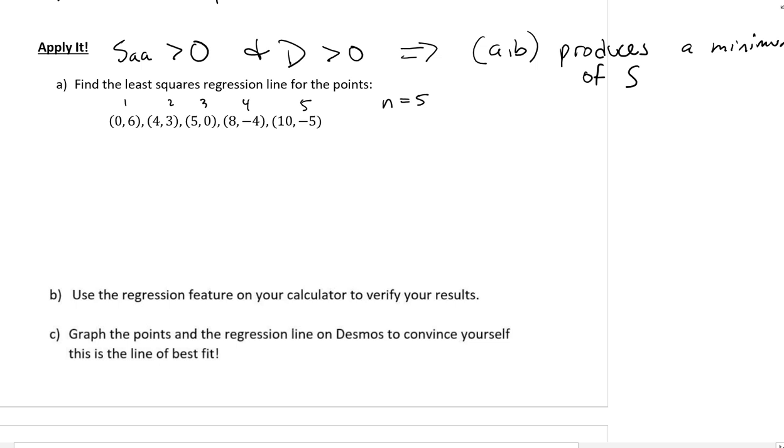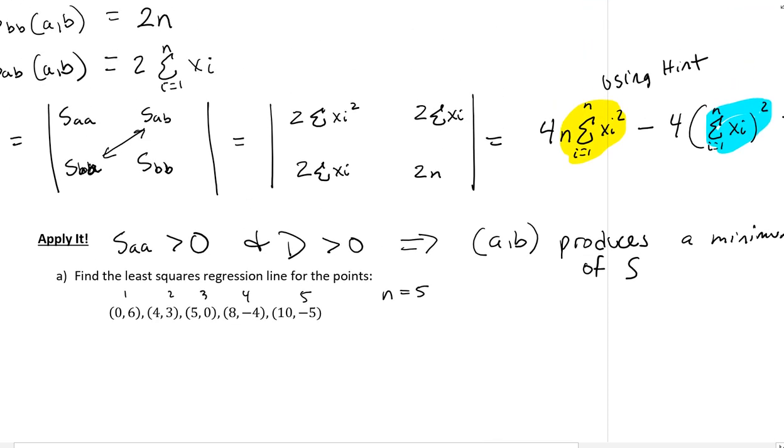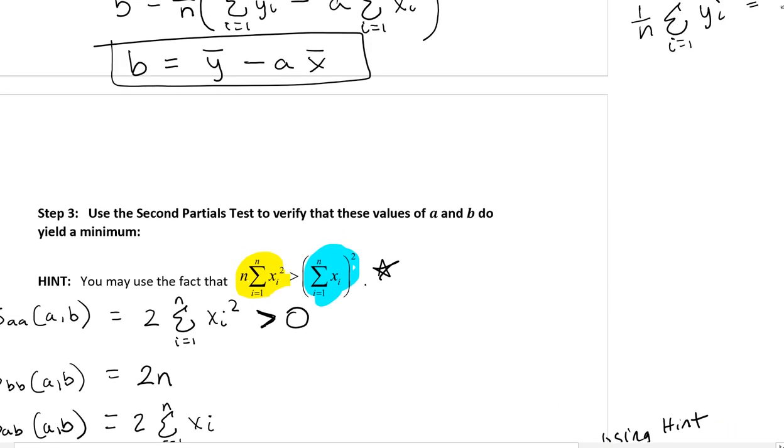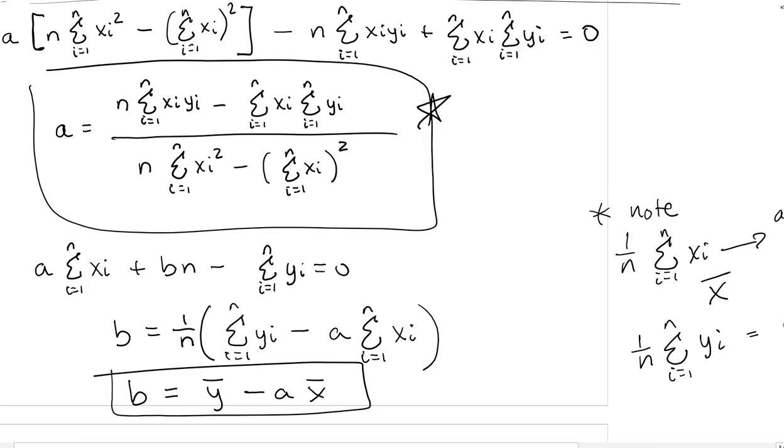So thinking about what we need to calculate. Remember, we're trying to find slope a, y-intercept b, and how we calculate those things. It looks like we need these sums. We need the sum of the products. We need the product of those sums. We need the sum of the x's squared, and then we need to square the sum of the x's.